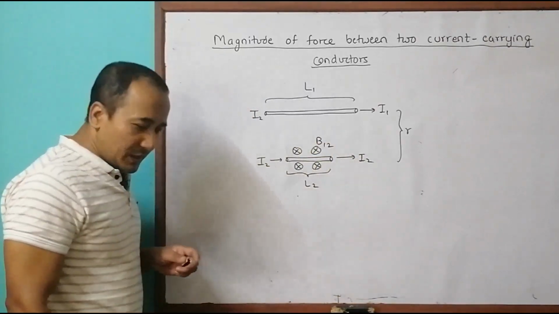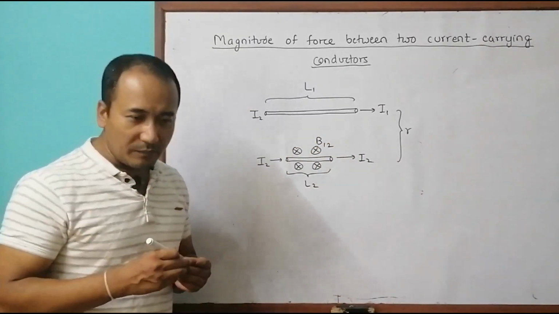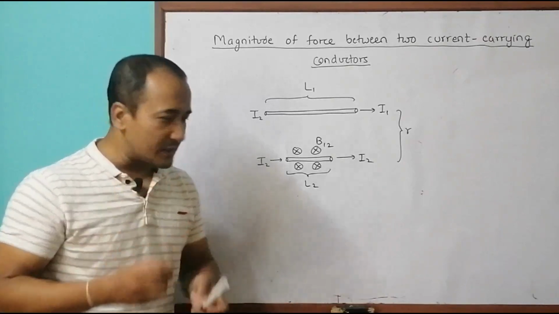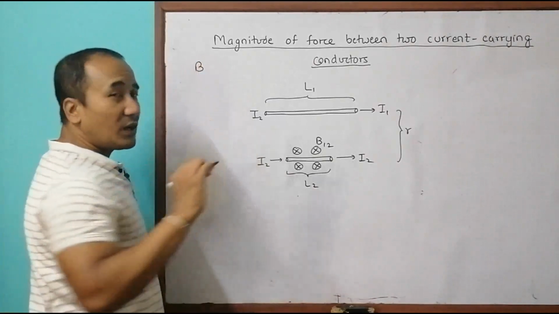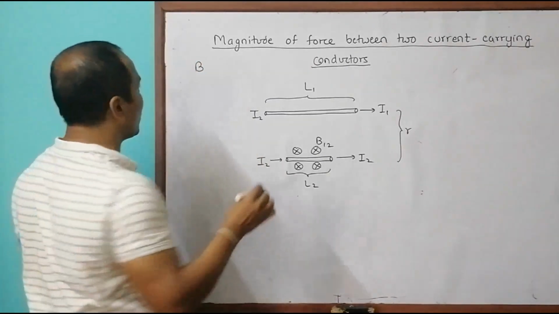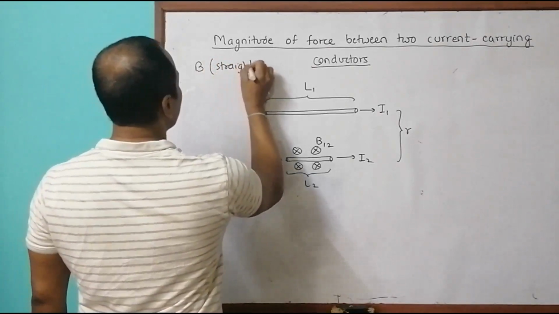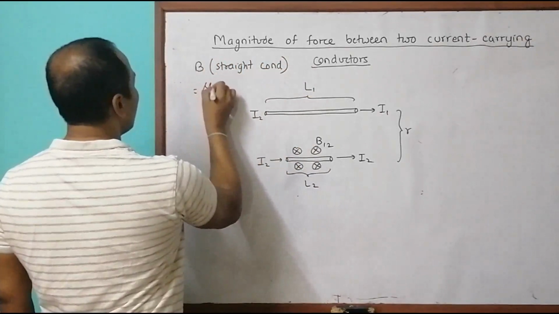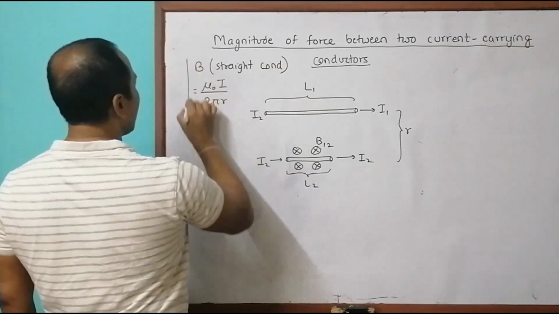From the Biot-Savart law, along with some integrations, we get the magnetic field due to a straight conductor at some distance equal to mu naught I divided by 2 pi r. You have to remember this.